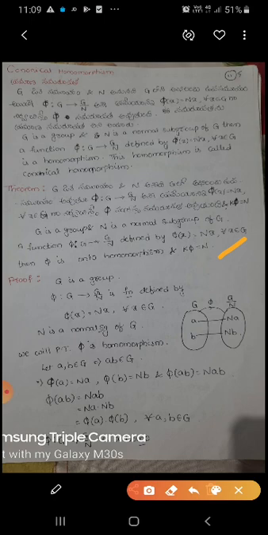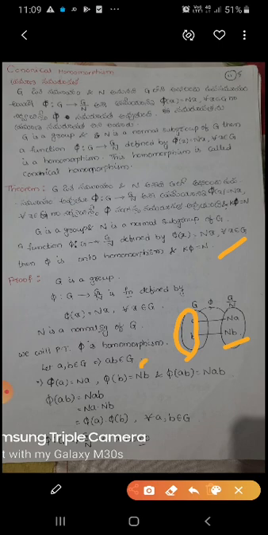Now we will prove that φ is a homomorphism. So here we will take a, b as elements in G; Na and Nb are elements in G/N.